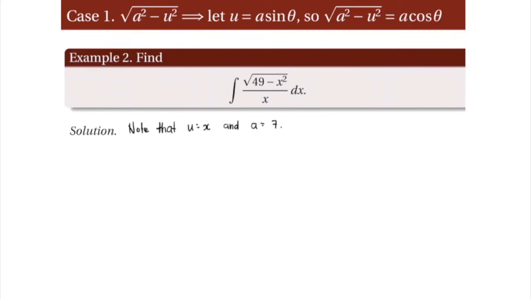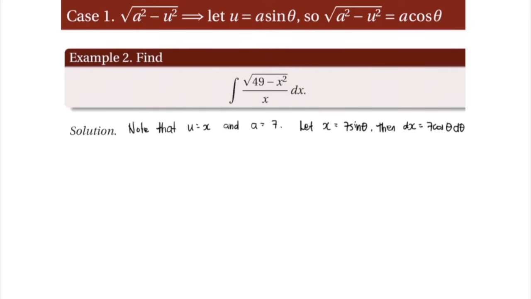So if we let u, which is x, be equal now to a, which is 7, multiplied by sine theta, then differentiating both sides, we'll have here dx equal now to 7 cosine theta d theta.